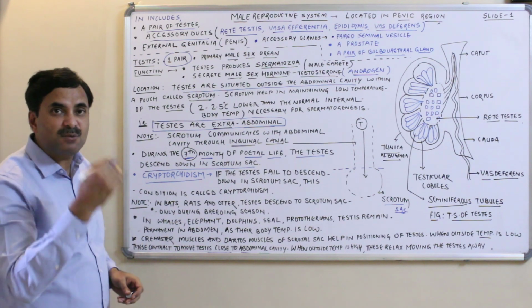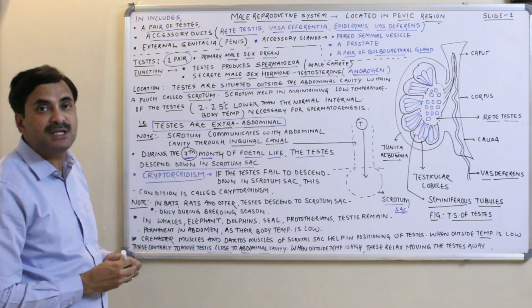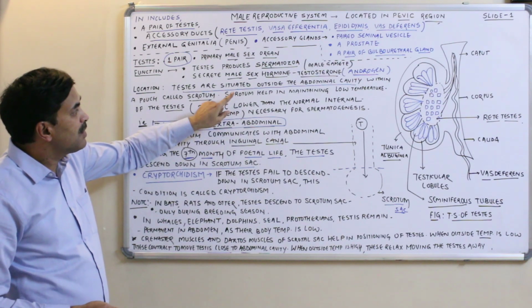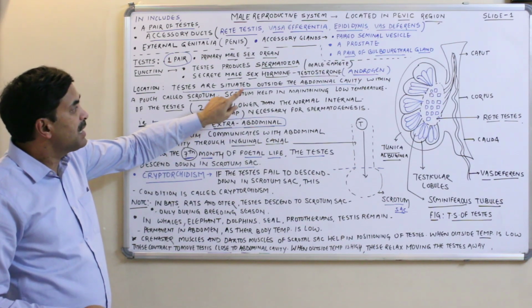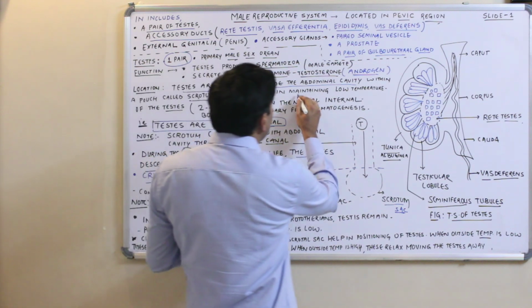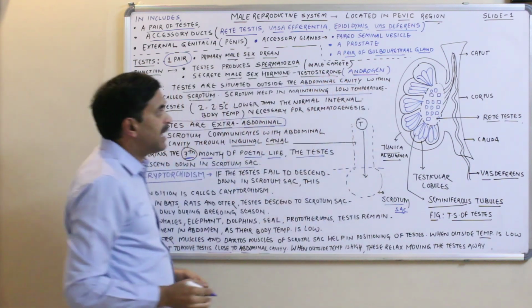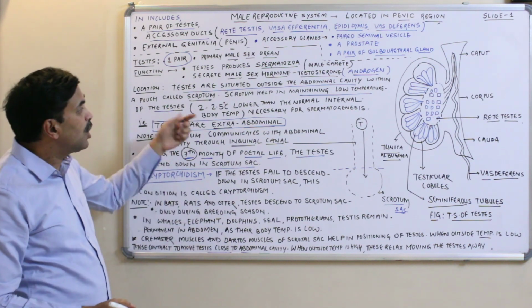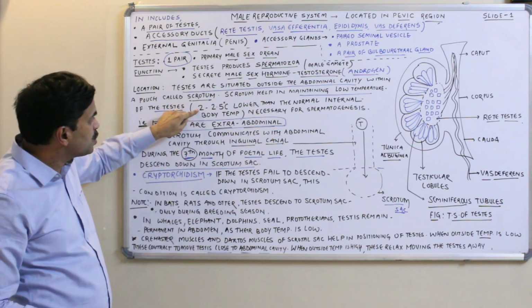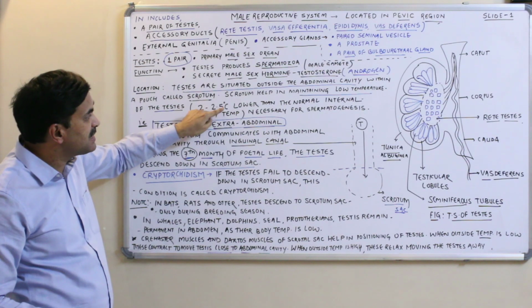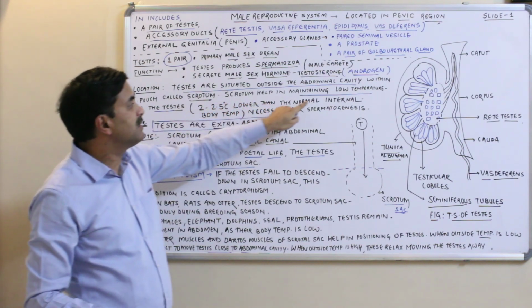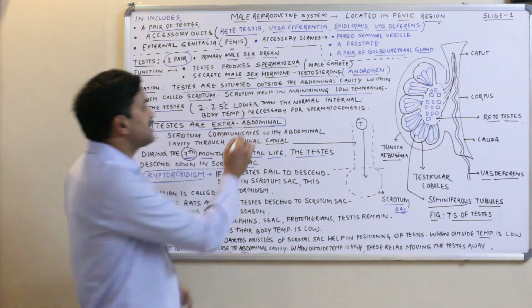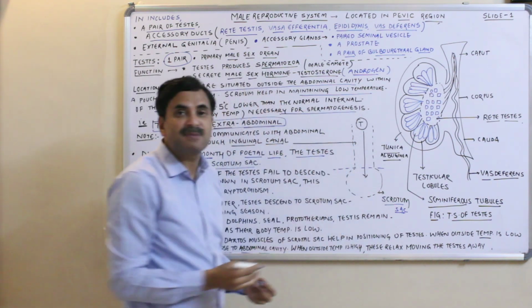Now the question arises, why have the testes descended down in the scrotum sac? Because the scrotum helps in maintaining the low temperature of the testes. How much low temperature? 2 to 2.5 degrees Celsius lower than the normal internal body temperature, and this temperature is necessary for spermatogenesis.